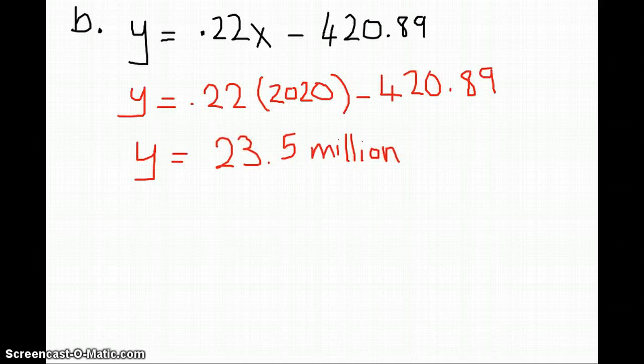You'll find that the population is 23.5 million people. In the packet it is 23.9, just because they used the equation that they figured out using the graphing calculator. However, we didn't do that, so that's good enough. As long as you show work and you are doing it correctly, then you're fine.